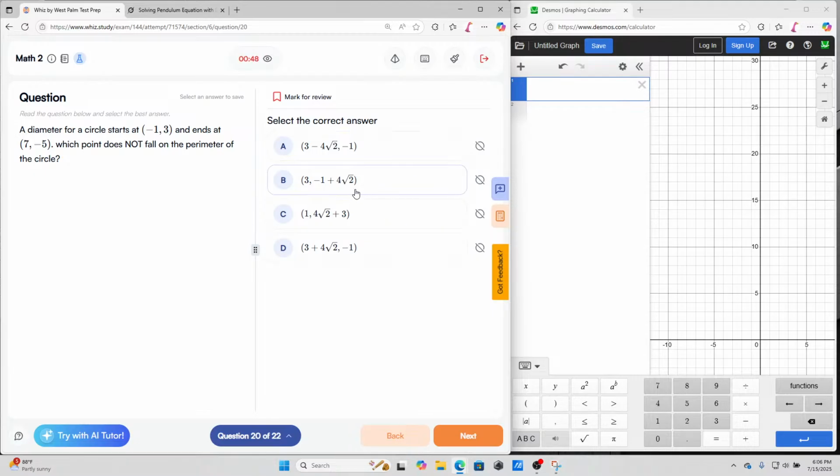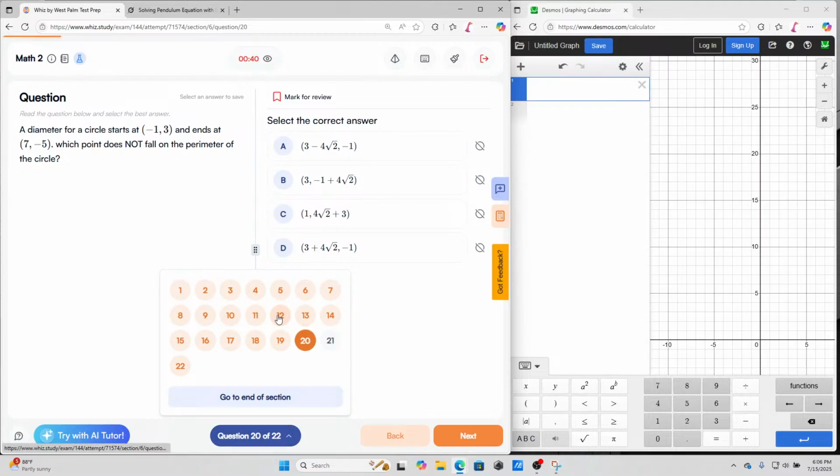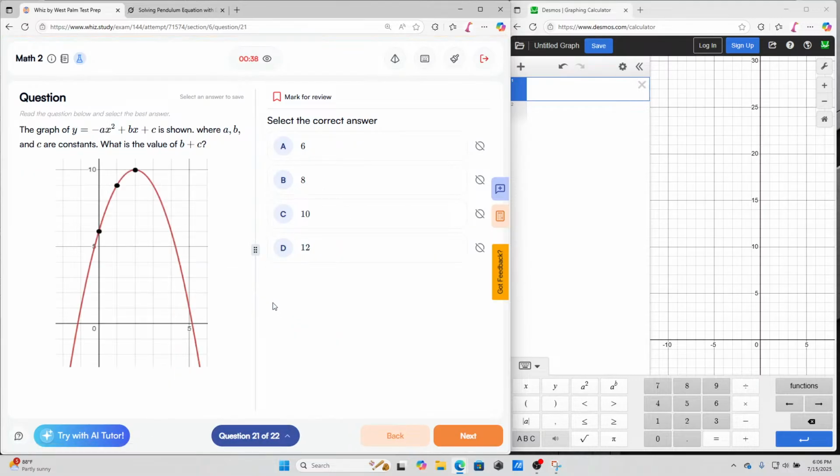What is all this? Get the graph of this. B and C.